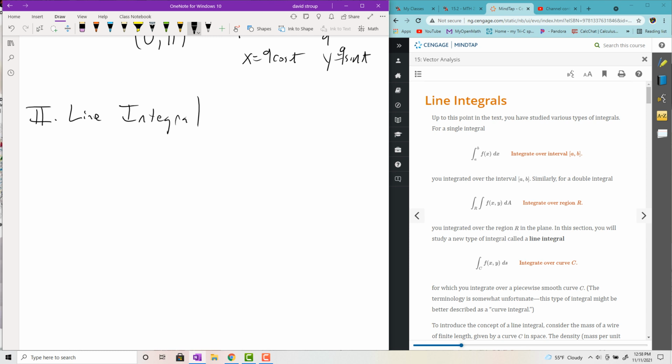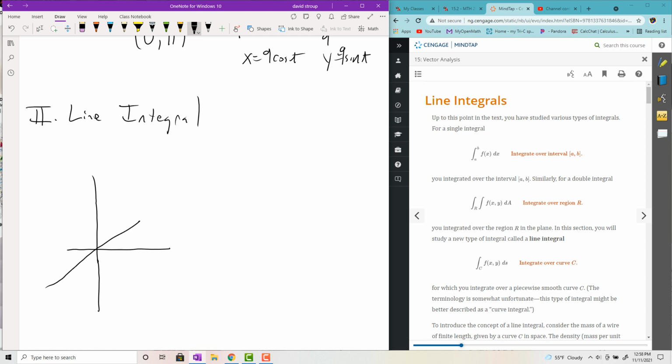And so what you're dealing with is maybe some sort of curve in the plane or a curve in space, and you're sort of attaching values to each point of the curve. Okay, so it's almost easier to think of this in 3 dimensions.